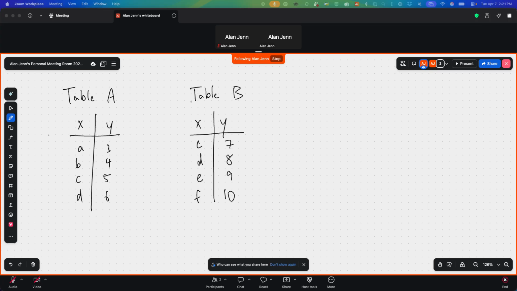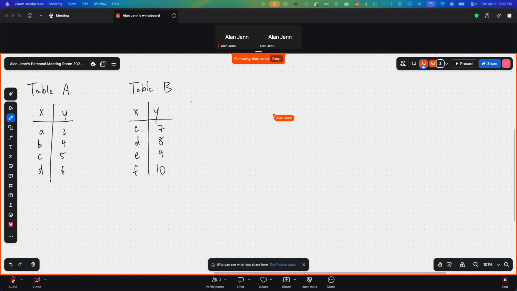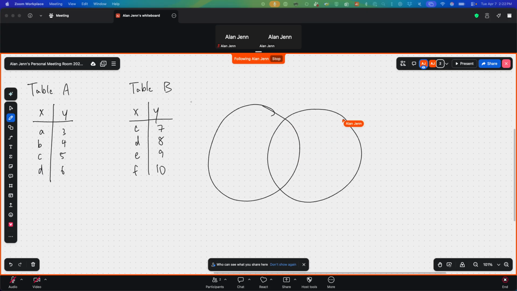And so here, let's say I wanted to do some kind of intersection between table A and table B. So intersect on X. Okay?